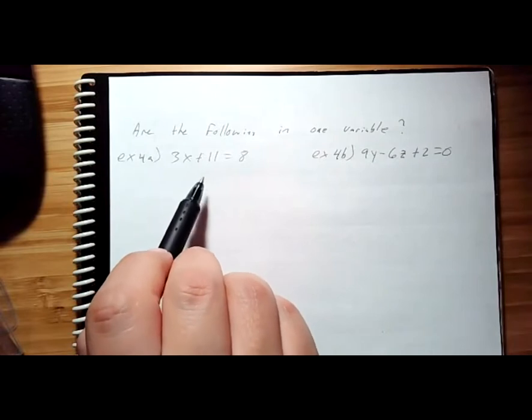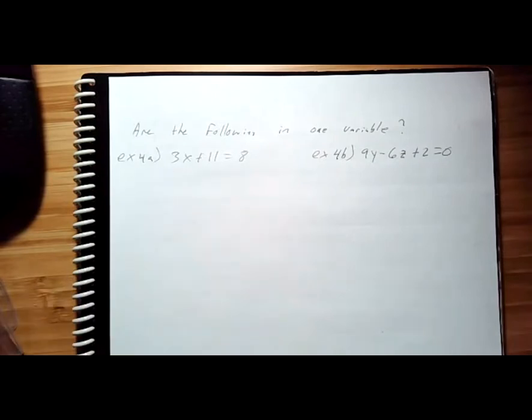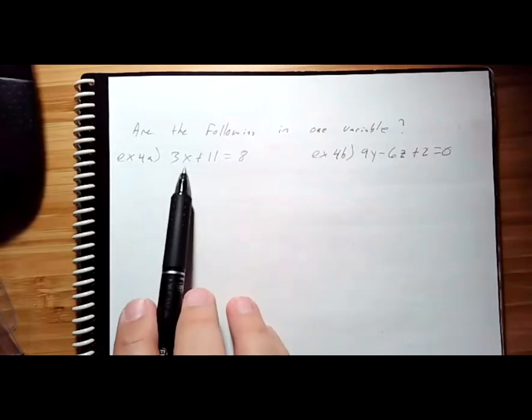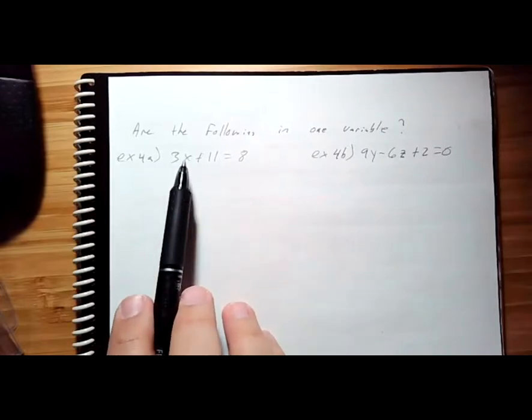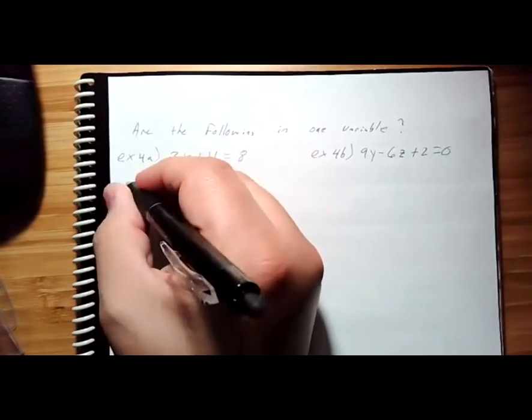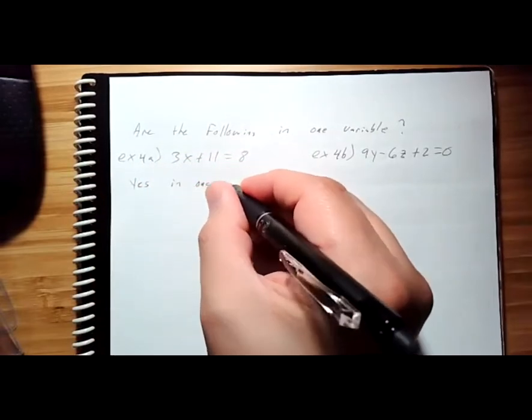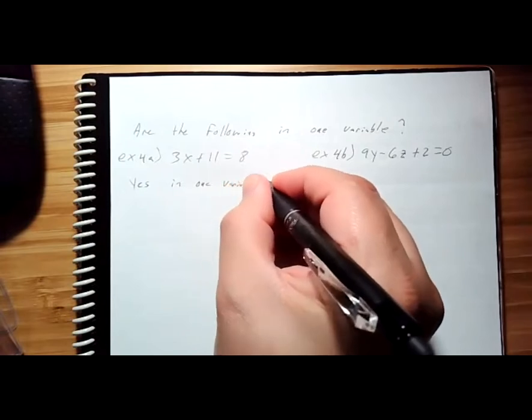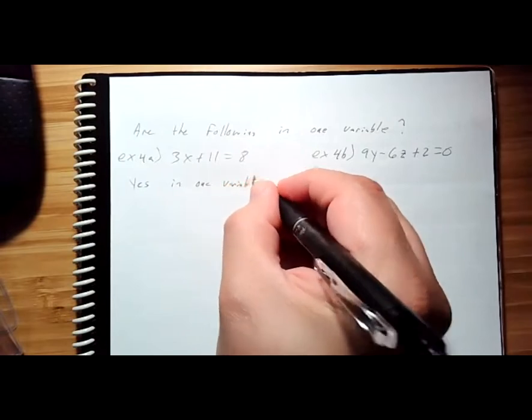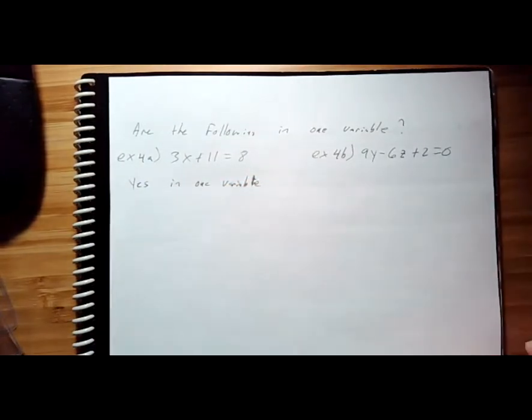It's not a trick question. Oh, we only see one, right? It's only one. So all they want you to recognize is, can you tell there's one or more?